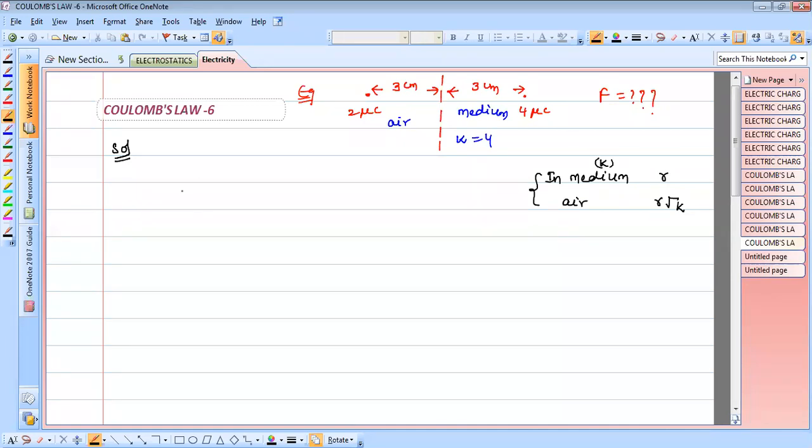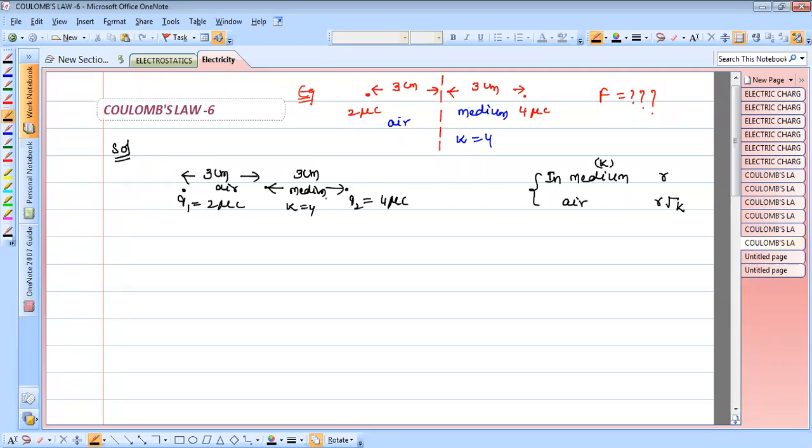Now how does this scenario change? This is Q1 equals 2 microcoulombs. Up to 3 centimeter, air is present. The next 3 centimeters, a medium of dielectric constant 4 is present. This is Q2 equals 4 microcoulombs.